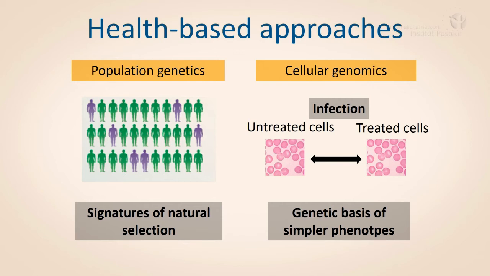We can divide them into population genetic studies, whose main aim is to understand how natural selection has targeted specific genes or gene families, and cellular genomic studies, whose main goals are to understand, for example, how gene expression is altered after a given infection, how dendritic cells, for example, are altered if we treat them with Mycobacterium tuberculosis, to ultimately understand how the genetics of these cells, that means the genetics of the human host, will dictate or at least be associated with the variance in gene expression following, for example, Mycobacterium tuberculosis infection.